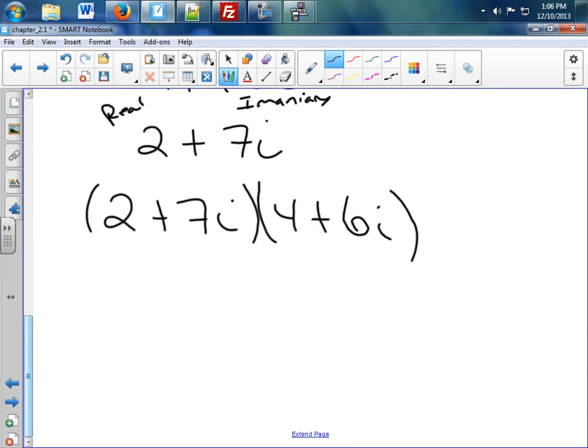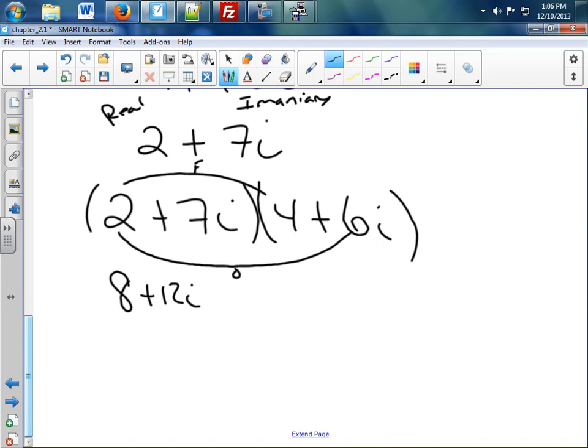So how do you think you multiply those? You got to FOIL them. So you take your first, 2 times 4 is 8. You take your outside ones, 2 times a positive 6i is positive 12i.